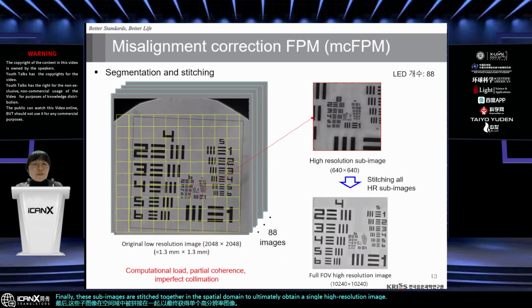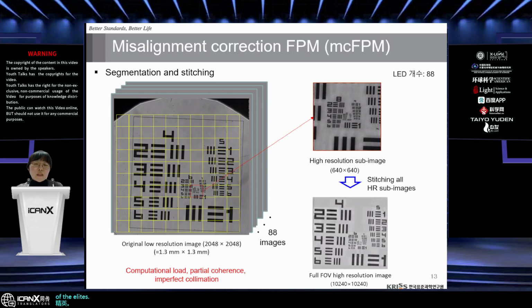First, let me briefly explain the segmentation and stitching processes. There are a couple of reasons for segmentation. First, it aims to reduce the computational load that arises from repeatedly applying Fourier transforms and inverse Fourier transforms to images with thousands by thousands of pixels. Second, it fundamentally addresses the limited spatial coherence of the LEDs.